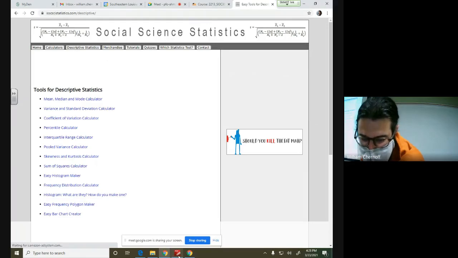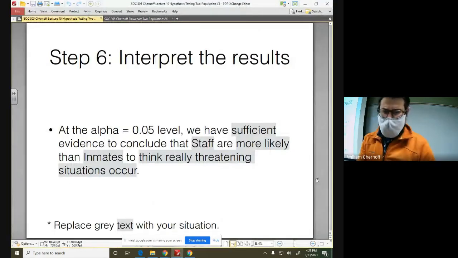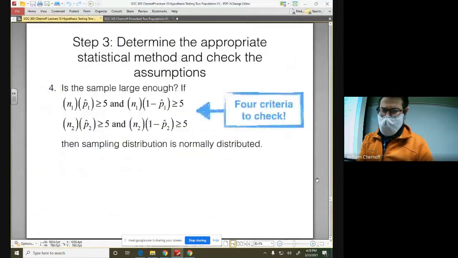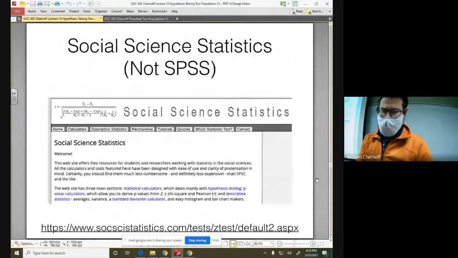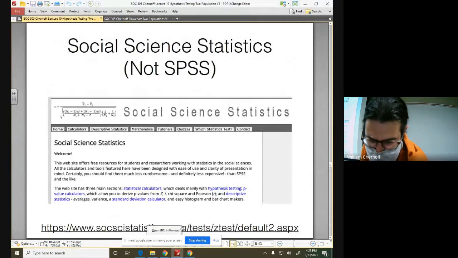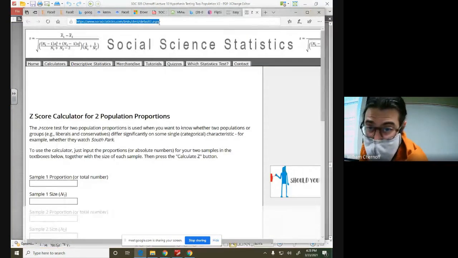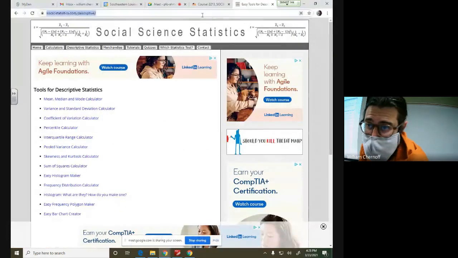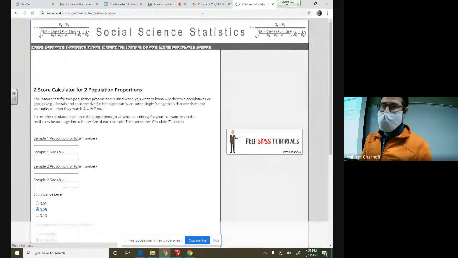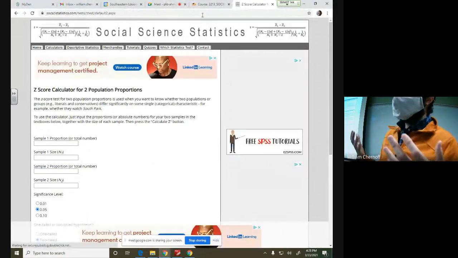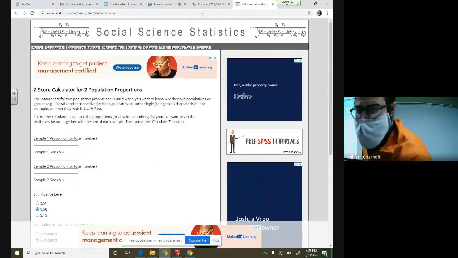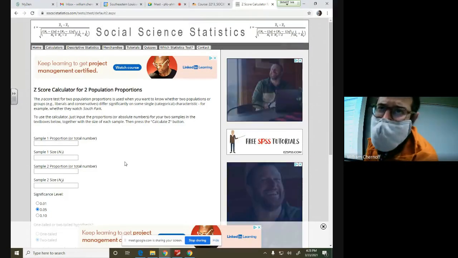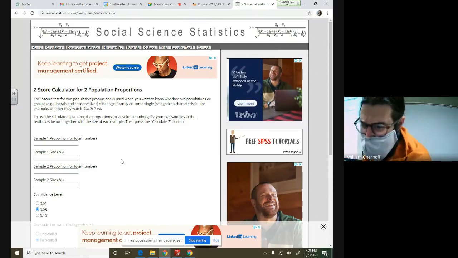Where did it go? I just want to take a minute to hang out on this website. I just want you guys to get familiar with it. I mean, you're going to be using it. Hopefully you have an ad blocker and you don't have to see all this junk.